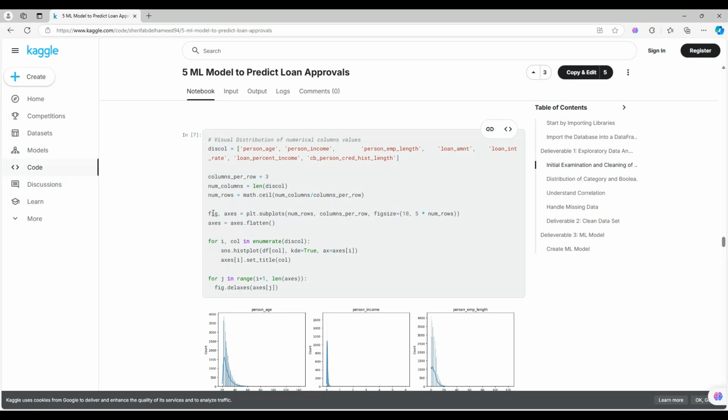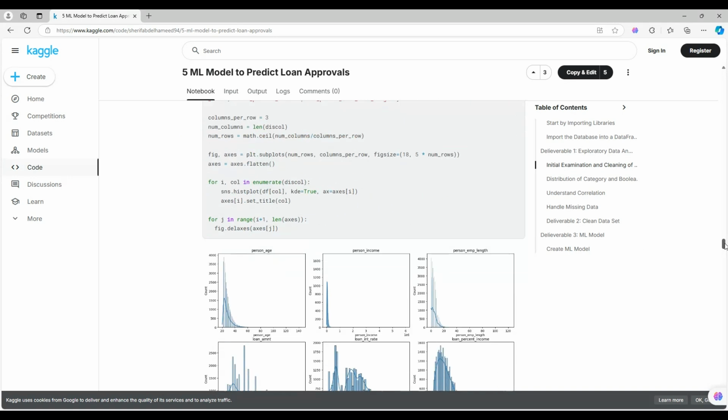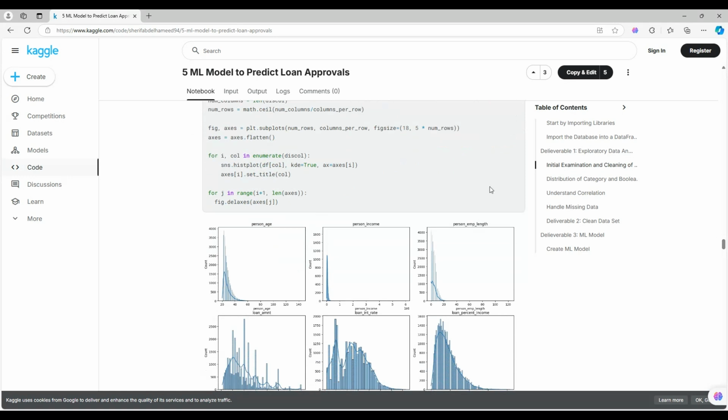Then set up the figure axis, basically using Plotly. And then we make a for loop for each variable, and we enumerate it using i.